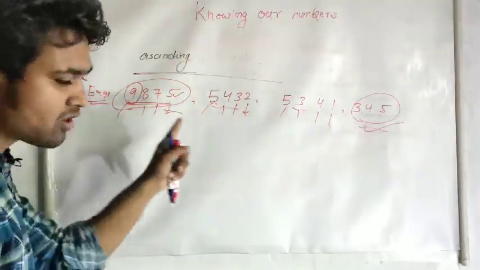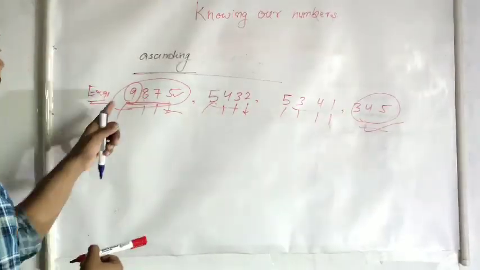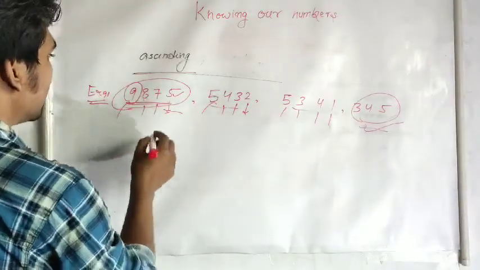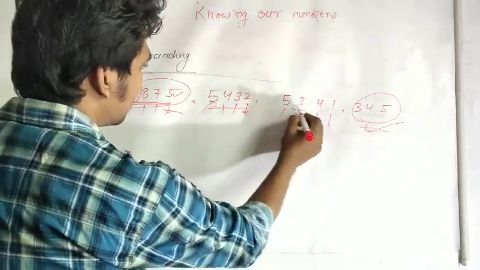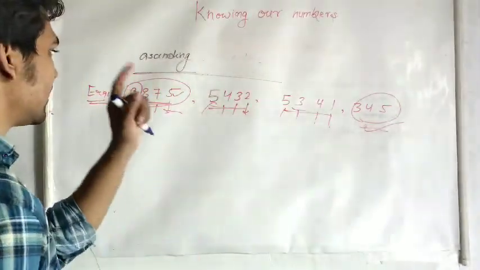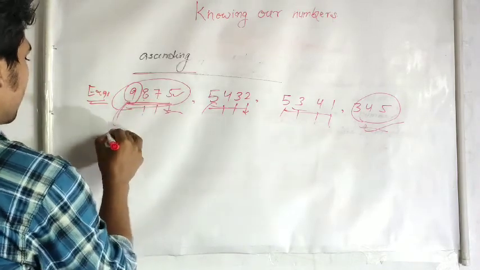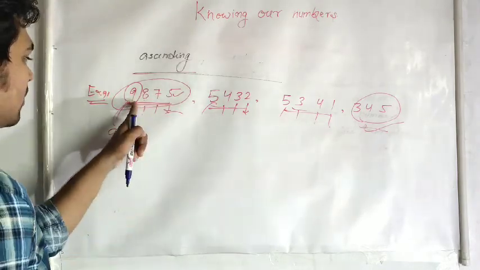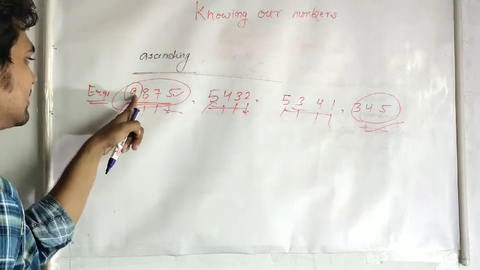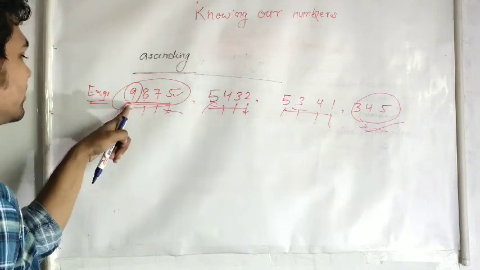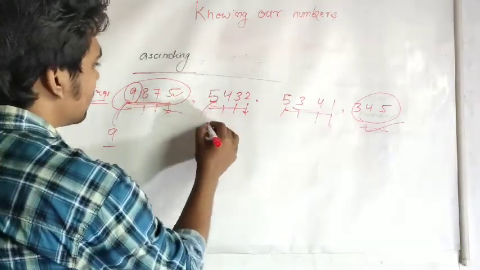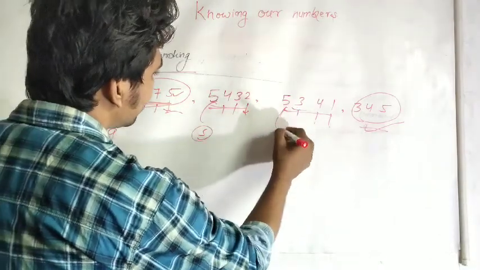Counting from the left side, the digit situated at the thousands place is 9 here, 5 here, and 5 here.